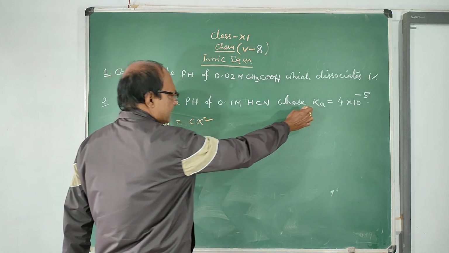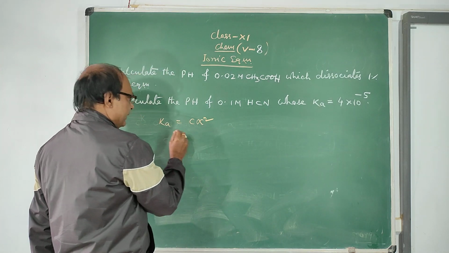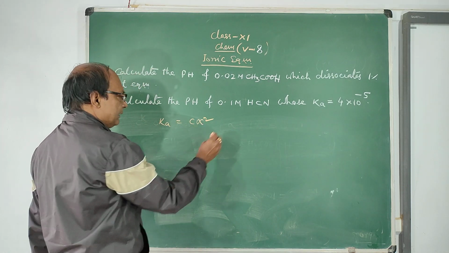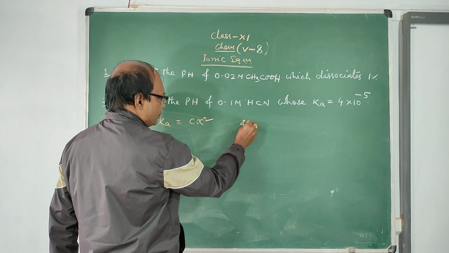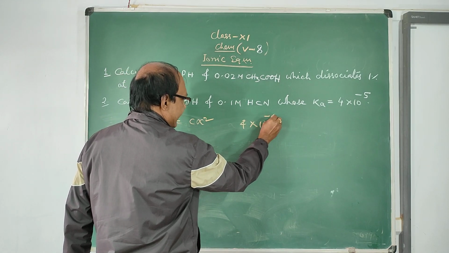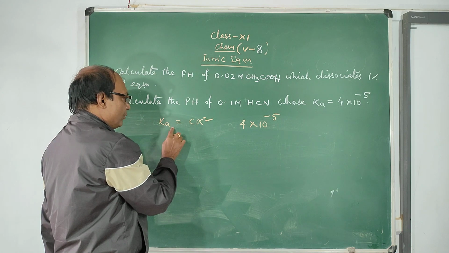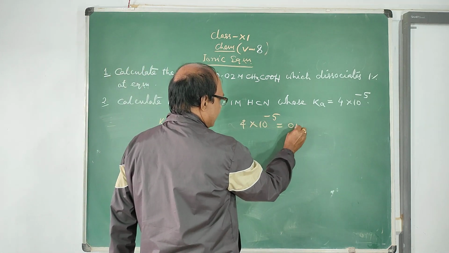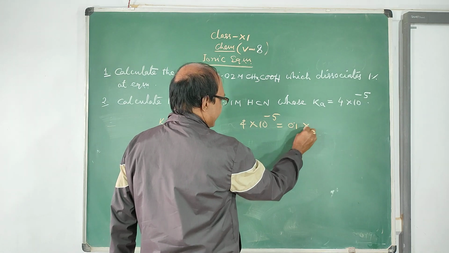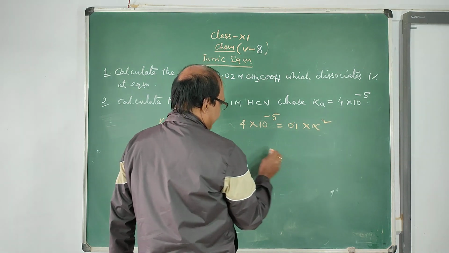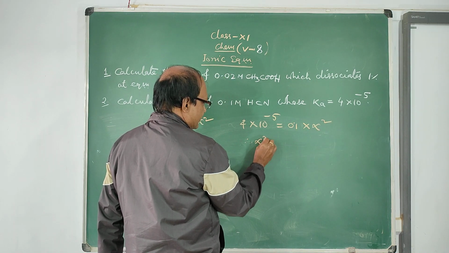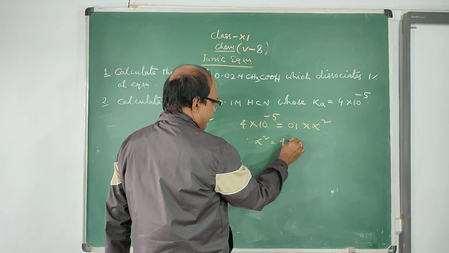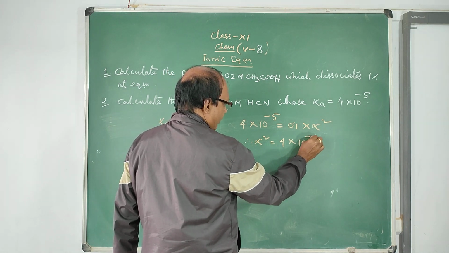Ka is given, so you can find out alpha from here. The value of Ka is 4 into 10 to the power minus 5, equals C, which is 0.1, into alpha square. Therefore, alpha square equals 4 into 10 to the power minus 4.